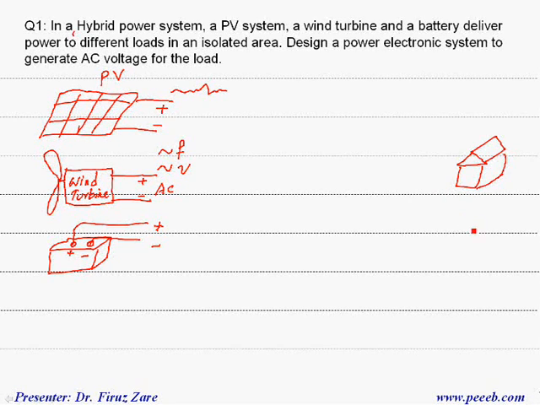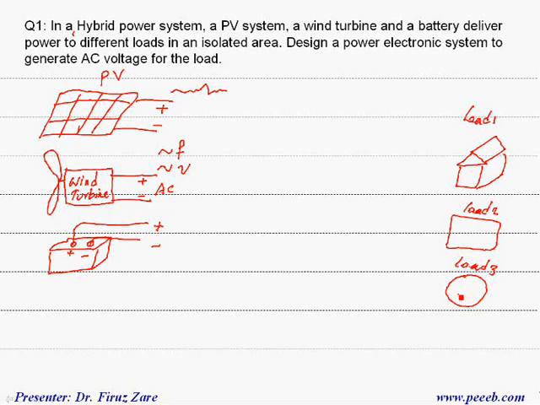Or in commercial, we may have different types of loads, for example air conditioners or pumps. So we call them load 1, load 2, and load 3.